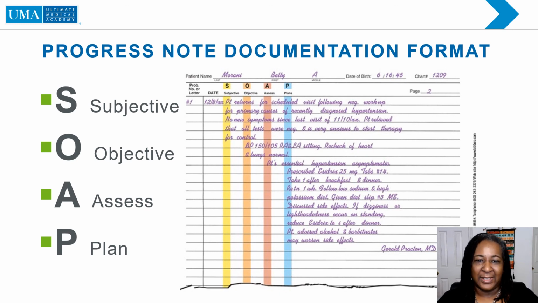And then you would see what the assessment would be regarding the hypertension, and then you see what the plan would be: to prescribe medication and then follow up. That is a SOAP note. It is documented subjective, what the patient says, objective, the observations, the assessment, and plan.